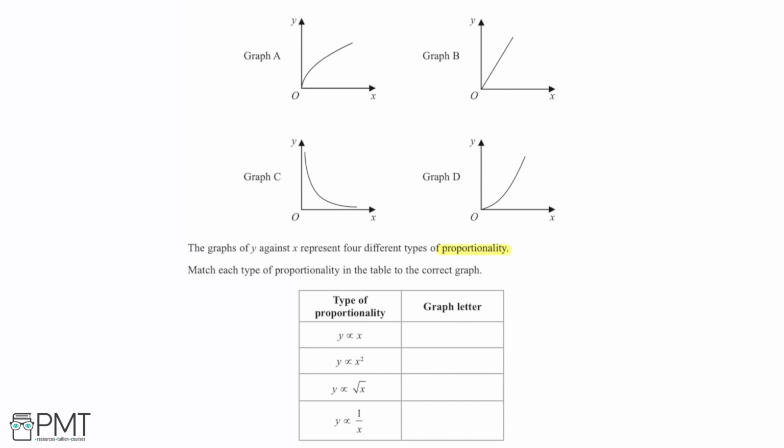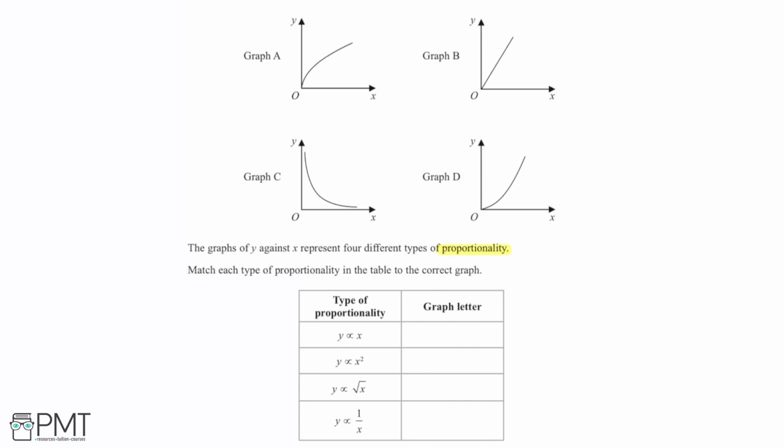That's an important thing to note here. It doesn't go through the origin. And these points of the graph tend to the y-axis and tend to the x-axis. They never reach them in this diagram. And then we have graph D. Similarly, the gradient of graph D is increasing, and we have a smooth curve here also.